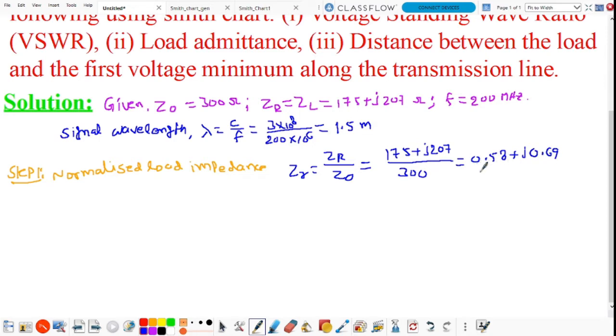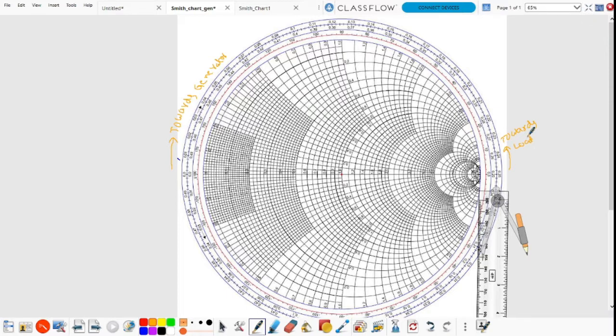So the real part is a constant R circle and the imaginary part is a constant X circle. Here the resistance R is equal to 0.58 constant circle and the reactance X is equal to 0.69.